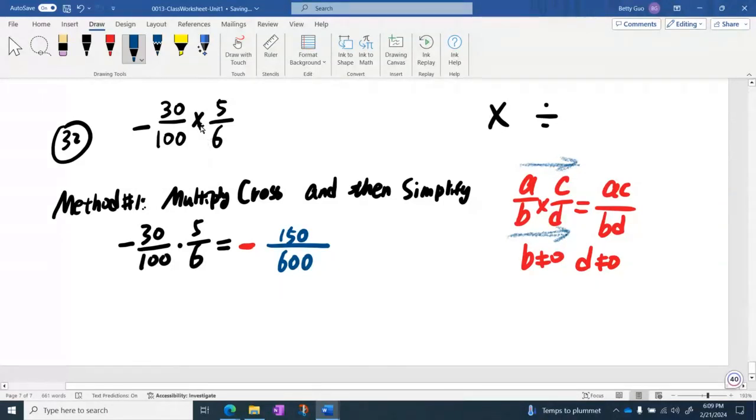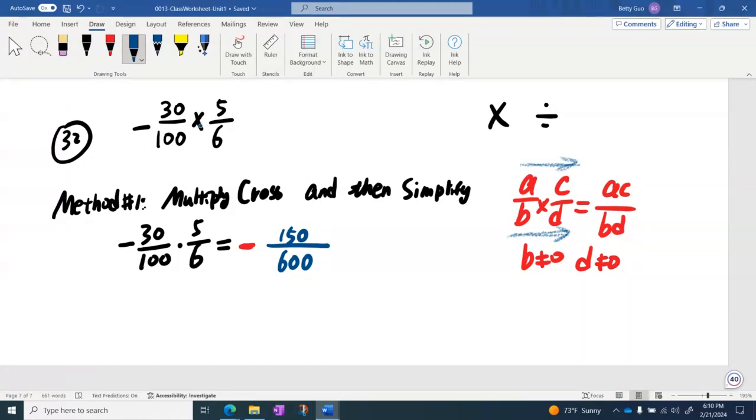In all problems, if the result is a fraction, we need to simplify the fraction, write the fraction in the lowest terms. There are a few ways to describe simplifying a fraction.